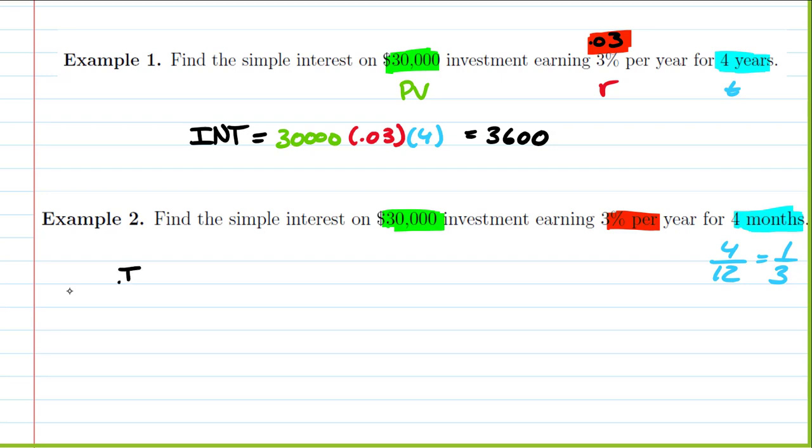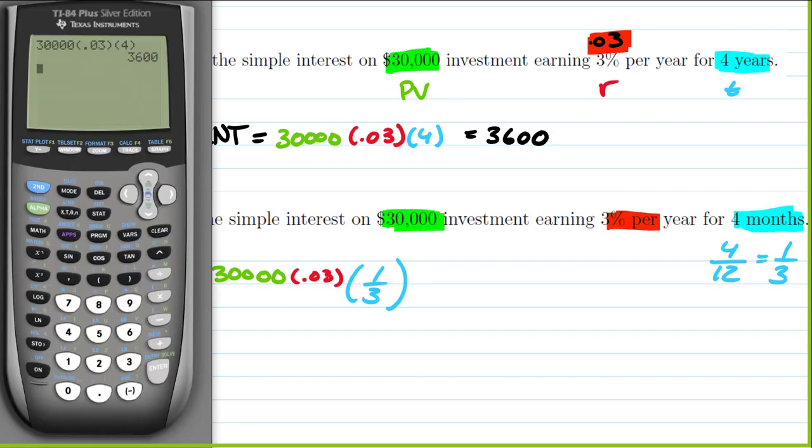So then putting that in, our interest would be our 30,000 times our 3%, but this time we would multiply that by 1/3, or 4/12 if you prefer.